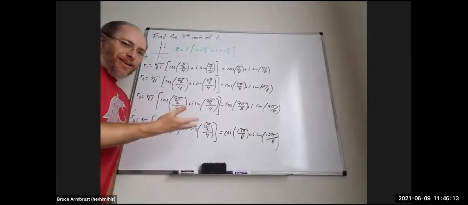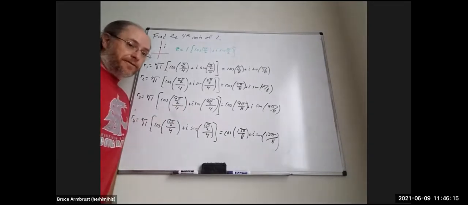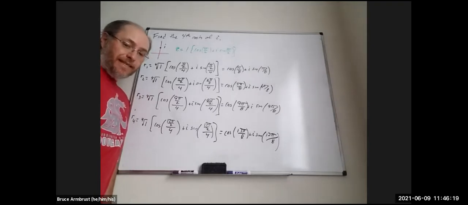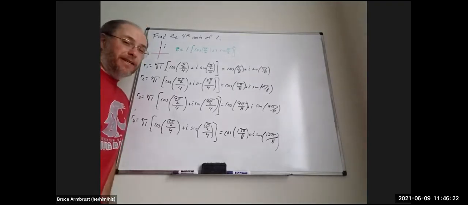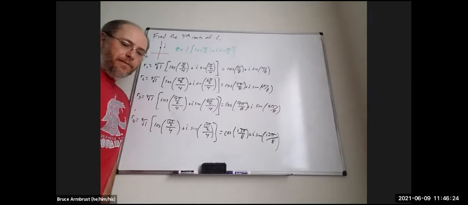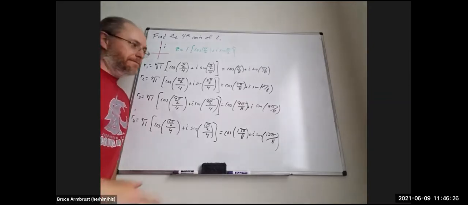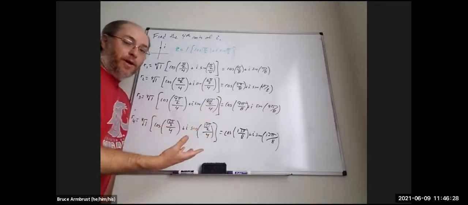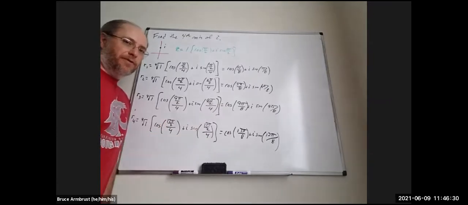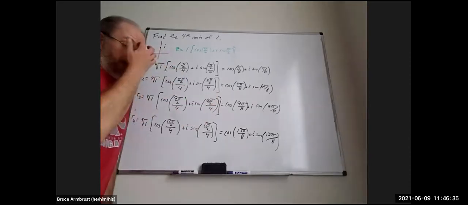Now, these are not nice angles. Those are not on our chart. We could get them if we use the half angle identities, because pi over 8 is half of pi over 4. But I'm not going to bother with that right now, because if we wanted to know what those actual values were, we could use our technology to get there. But right now, I'm not too concerned with that.